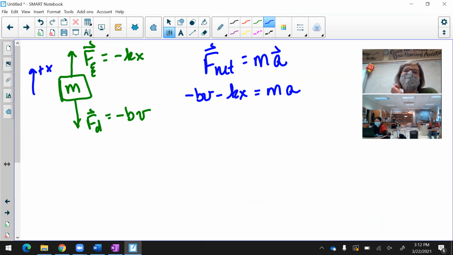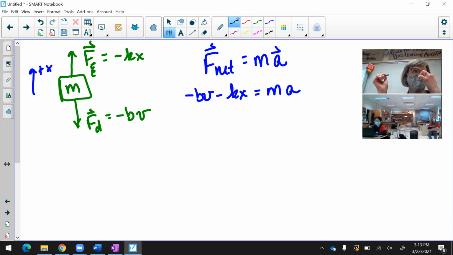Okay. So I have a heck of a lot of unknowns here. You can assume that you know B, K, and M, because those are things I can measure. But I have velocity, acceleration, and position. But are velocity, acceleration, and position independent?